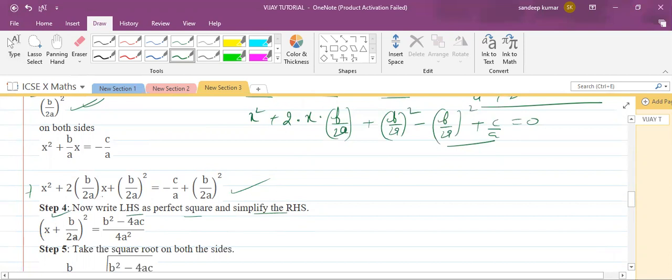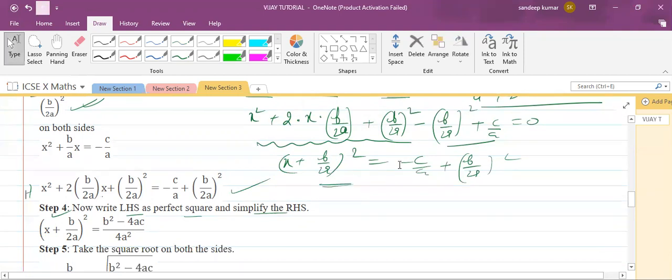X plus b by twice of a whole square is equal to minus c by a plus b by twice of a whole square. Now you have to simplify this. It is easy to simplify. We will get b square minus 4ac by 4a square.